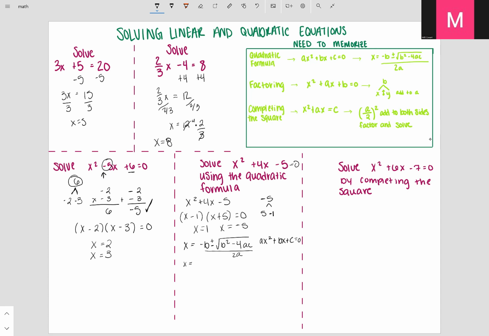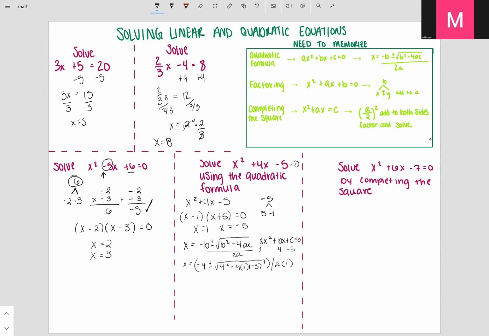So our a, we just have a 1. Our b, we have a 4. And our c, we have a -5. So we'll say -4 plus or minus the square root of 4 squared minus 4 times 1 times -5, divided by 2 times 1.